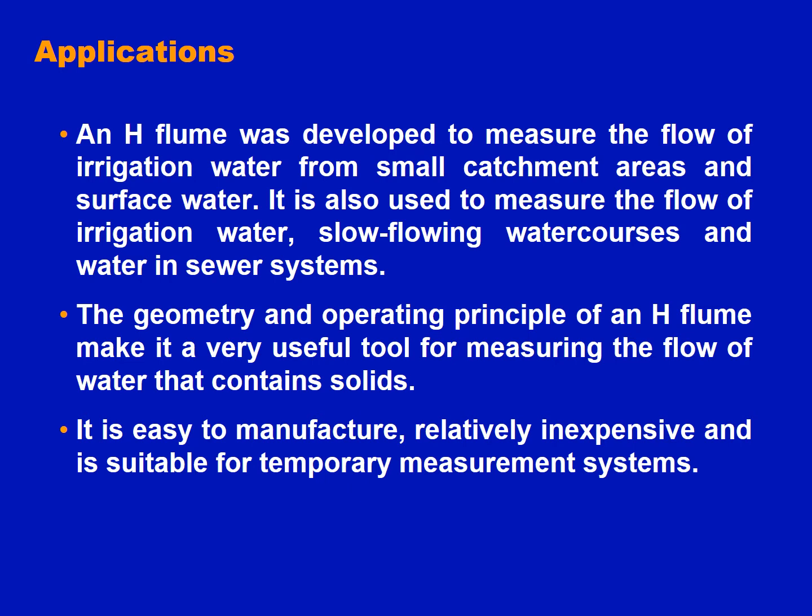If some solid particles are also there, the H flume can be used to measure this kind of flow also. Another advantage: it is easy to manufacture, inexpensive and suitable for temporary measurement systems.